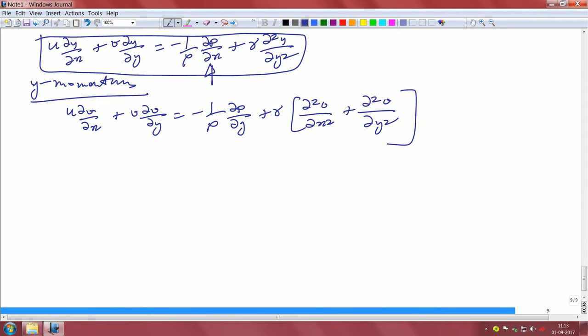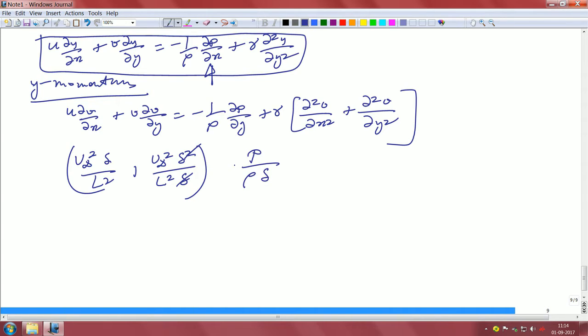We already established the order or scale of v from the continuity. So, it is u square delta by L square, that is the first term, then u square delta square by L square delta, which once again gives you the same thing. So, once again the magnitude of the inertial terms are the same. This gives you now pressure divided by rho delta. That is the second term.